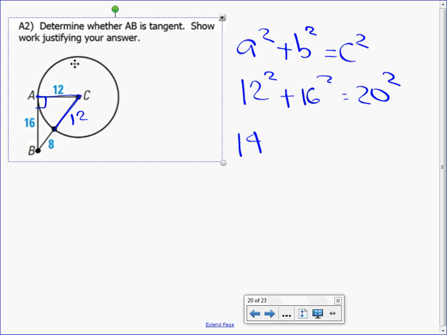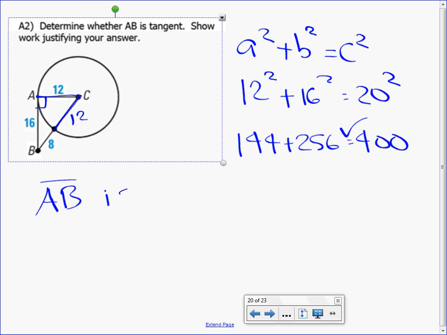So that's 144, that's 256, and that's 400. And when you add them up, left and right sides do equal. That means that segment AB is tangent to the circle.